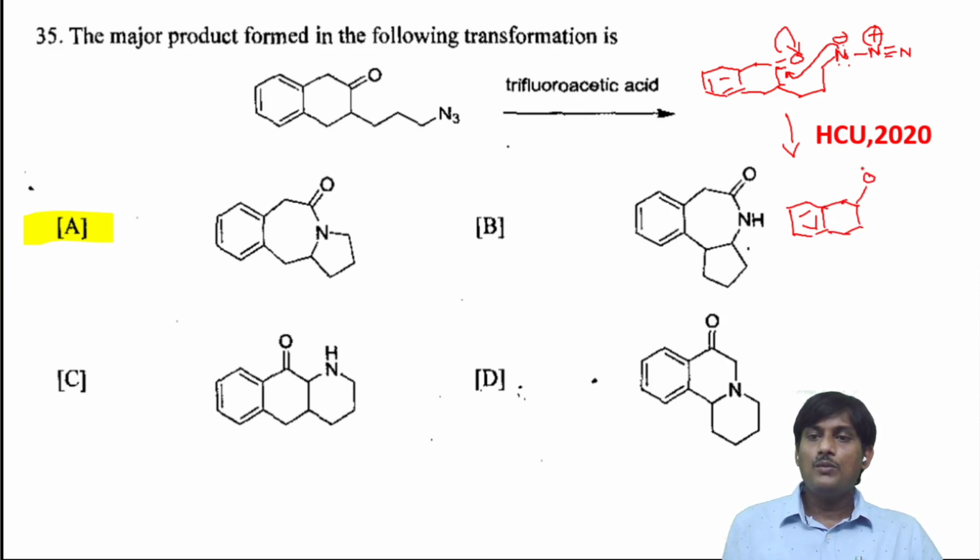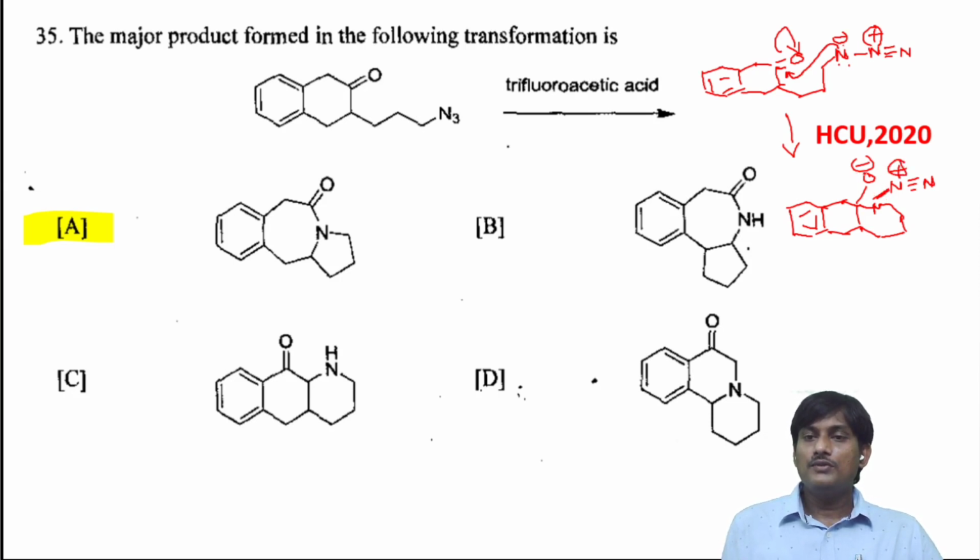And here there is an O minus, and you have 3 carbons, 1, 2, 3, and the fourth one nitrogen, and there is a formation of bond between nitrogen and carbon, and this nitrogen N triple bond N has positive charge.